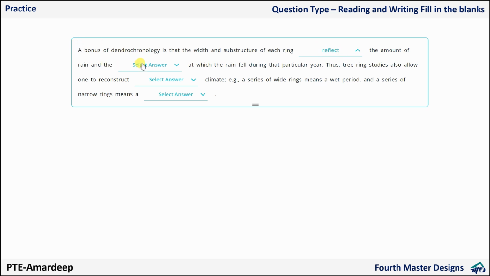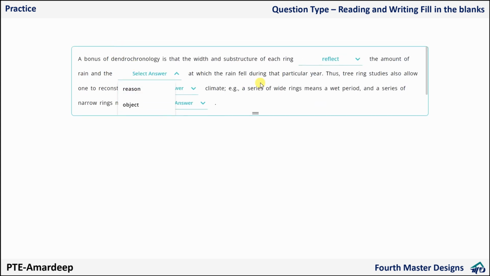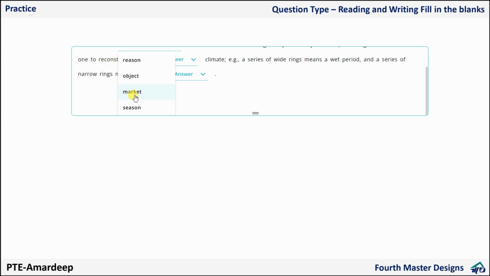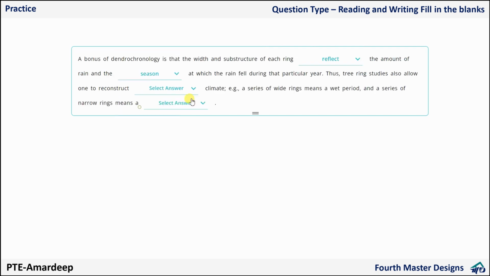We have some more options here: reason, object, and the season at which it fell. It means you are getting the amount of rain and when it fell.